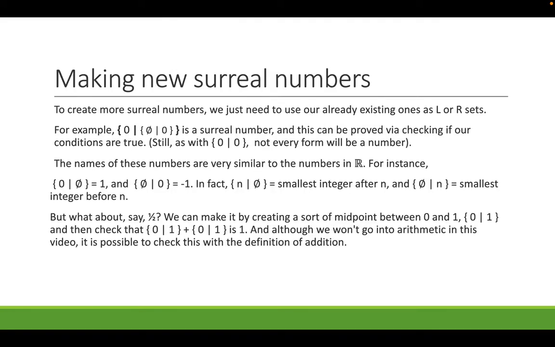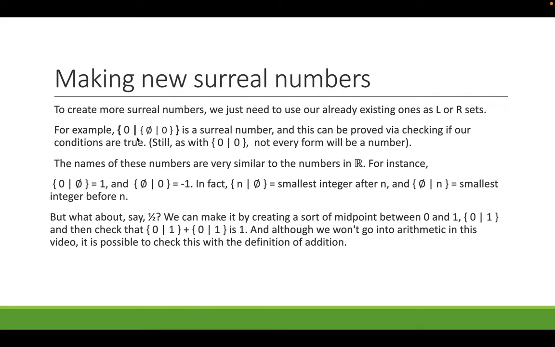So to create some more surreal numbers, we just need to use our already existing ones as L or R sets. For example, this is not a surreal number actually because I made a typo, but because this is -1. If we had a 1 here though, that would be a surreal number.